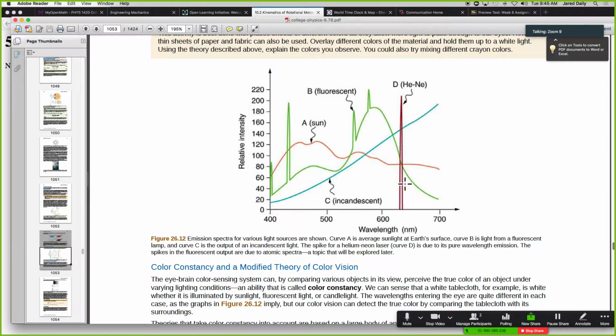It's not exactly how it works, but we are very sensitive to three fairly specific colors of light: red, green, and blue. And any mixture of those gives us a quote-unquote sensitivity to the visible spectrum in general, so that we can mix those and see different colors, quote-unquote see different colors.